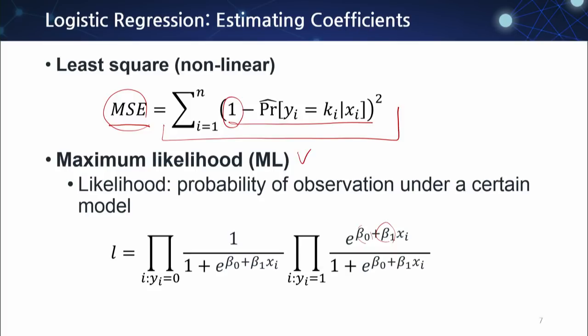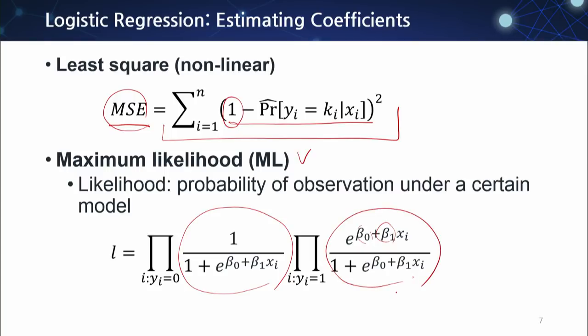For example, in this logistic regression case, the probability to see a sample with class 0 is given as 1 over 1 plus e to the beta 0 plus beta 1 x. And the probability to see a sample with class 1 is given like this.